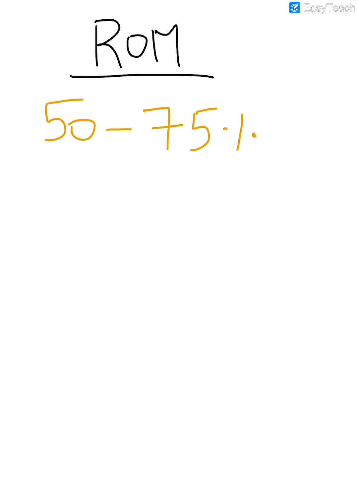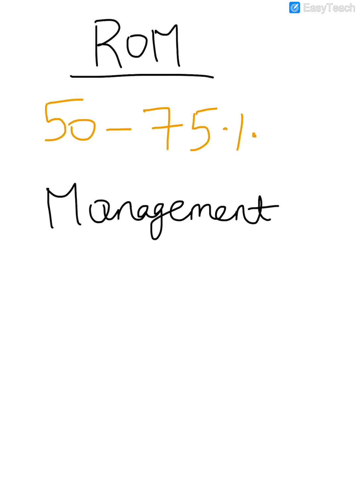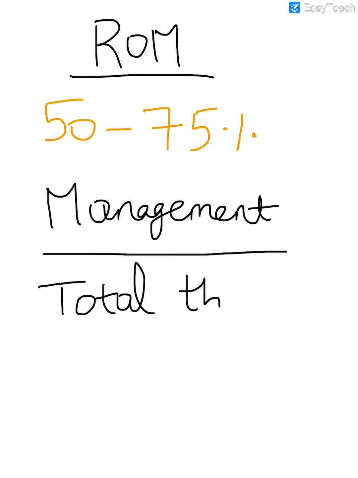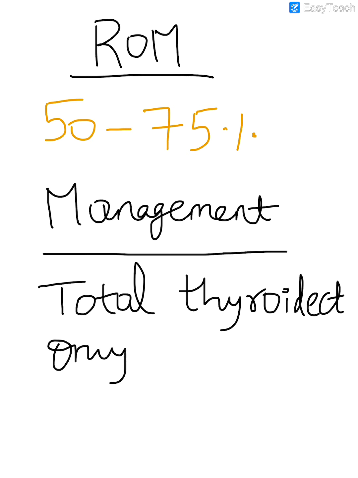Okay, 50 to 75%. Then how do we manage category 5? We do total thyroidectomy. Okay, total thyroidectomy.